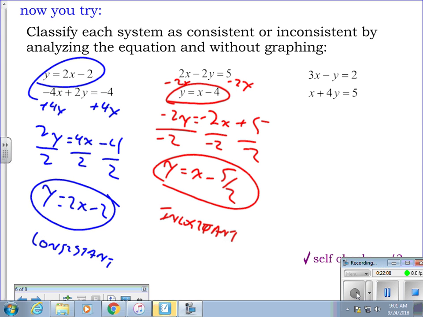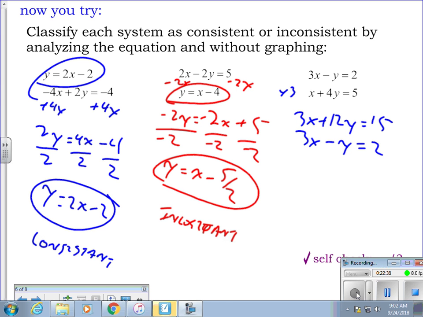And then on the last one, I can look at it right now and tell that they're not going to be parallel lines, and not going to be the same line. Easiest way to do this one, I can either rearrange, or do what I did on the other one and try to make the x's and y's look the same. If I multiply the bottom one times 3, I get 3x plus 12y equals 15, and the top one is 3x minus y equals 2.